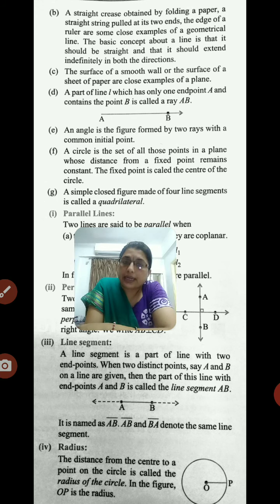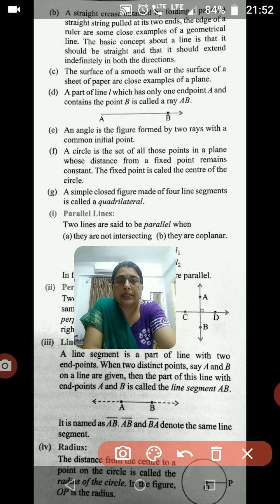A part of line L which has only one endpoint A and contains a point B is called a ray. Means one end only. If a line has only one endpoint, then it is called a ray.